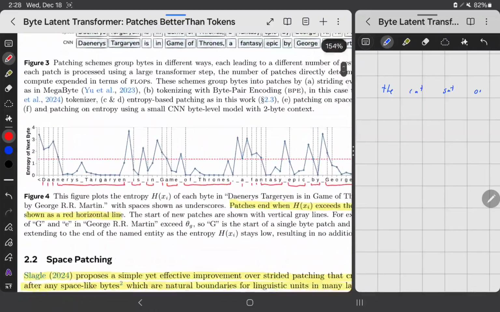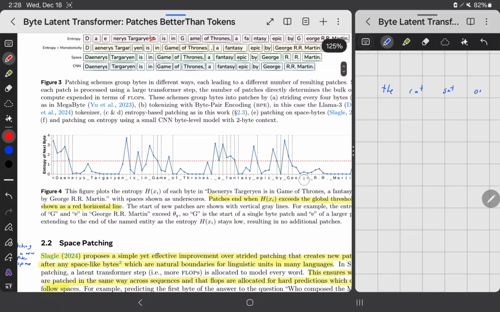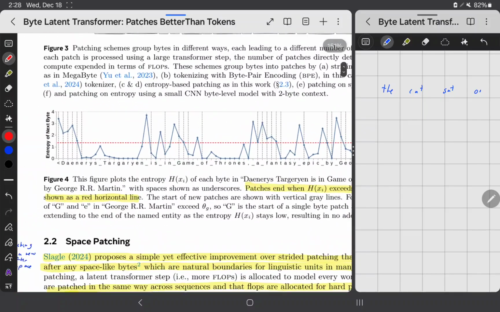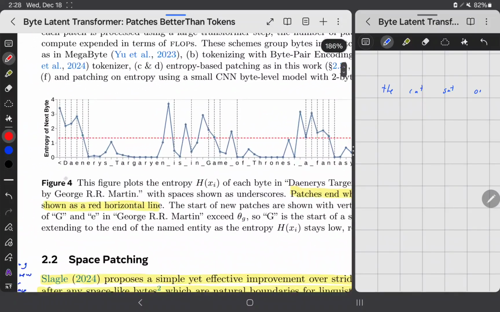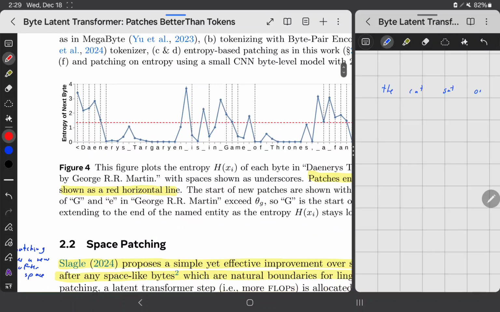So they have this over here, this sequence of words. And the idea is we want to take these bytes, which are just the characters in like the ASCII table, and convert them to basically windows, which are going to be your patches.